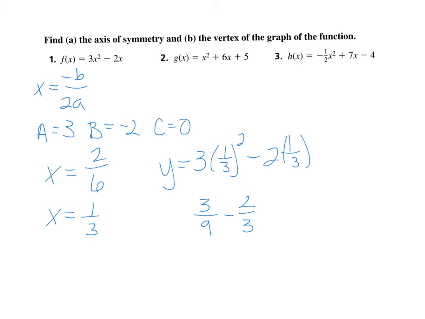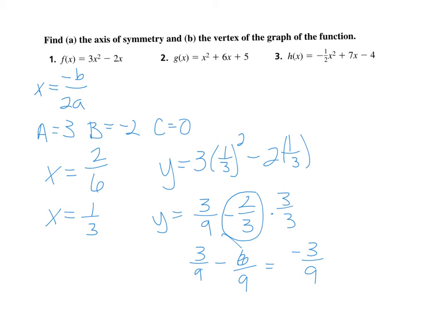And in order to do this, we have to have like terms in the denominator, or common denominators. And so we're going to multiply this fraction by 3/3. So this is going to be 3/9 minus 6/9. 3/9 minus 6/9 is going to be negative 3/9, which is the same as negative 1/3.